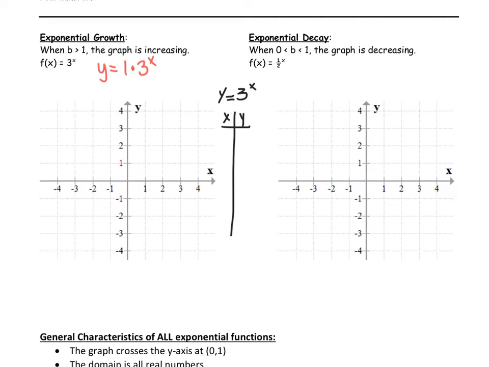So let's just do a few of them: -4, -3, -2, -1, 0, 1, and 2. Let's start there, okay? So go to the table and copy down these values for y, and then hit resume when you're ready.